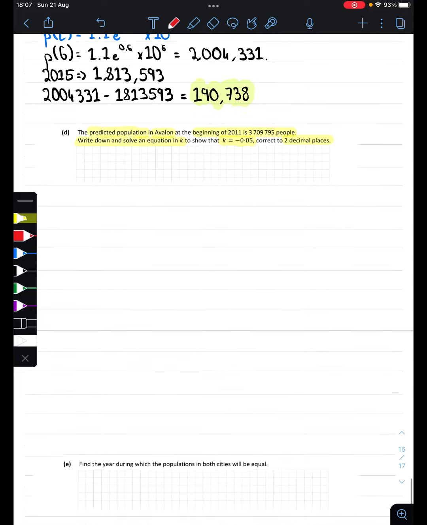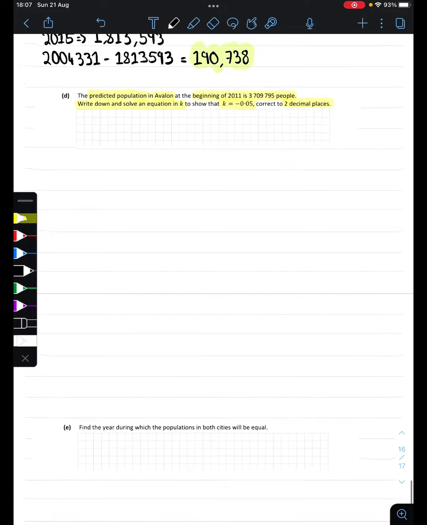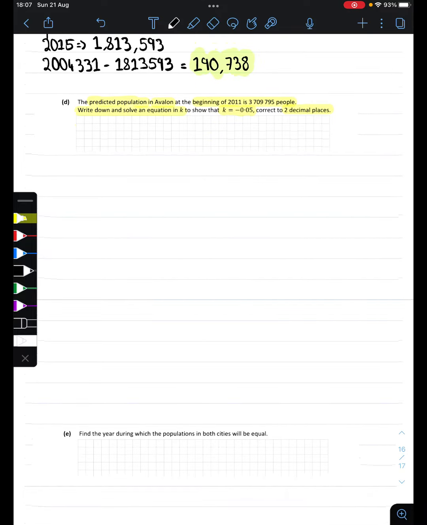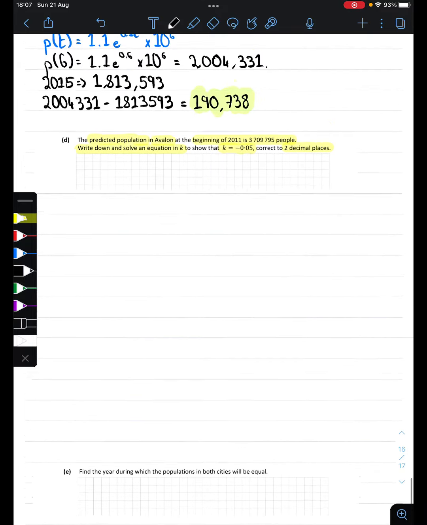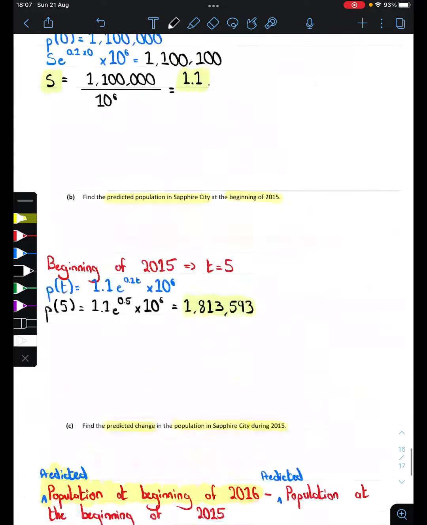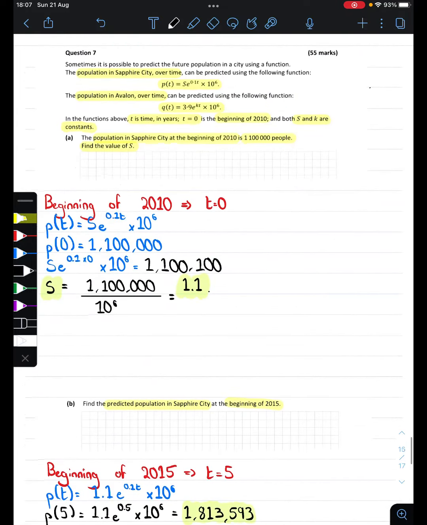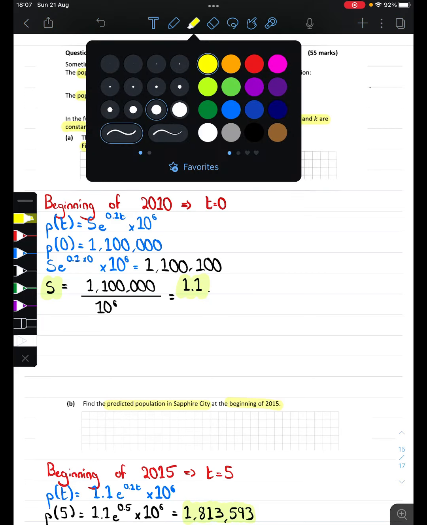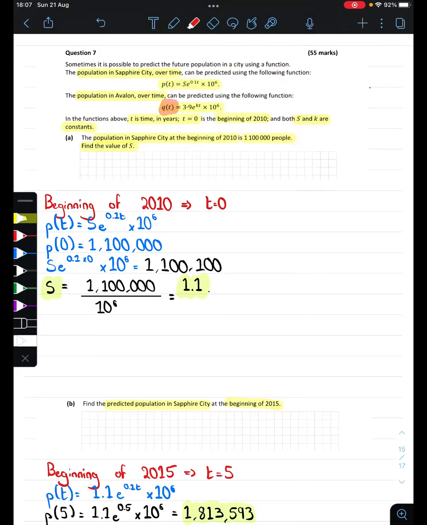So the predicted population in Avalon at the beginning of 2011 is 3,709,795 people. And we have a formula given to us for the predicted population of Avalon in a given year.